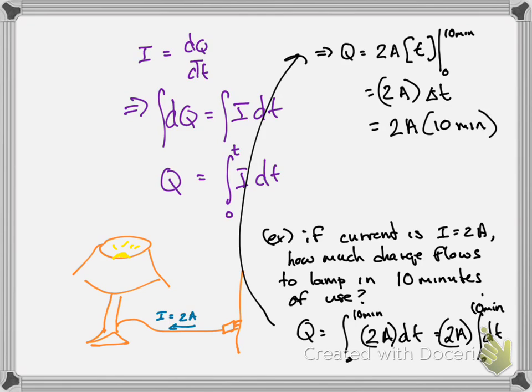And now, be careful. We want to keep MKS units because amps is coulombs per second. So it's going to be 2 amps times 600 seconds, and so that is 1,200 coulombs of charge. 1,200 coulombs of charge flow to the light bulb in 10 minutes.